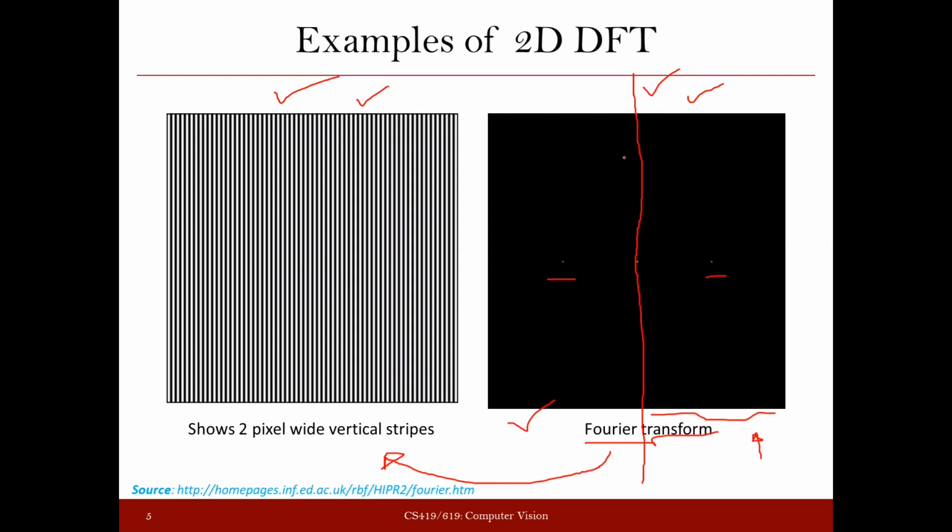So in every Fourier spectrum, at the center, there will always be a bright spot. That bright spot represents the value, let's say if this is Fourier spectrum F, then that represents F00, and F00 is nothing but the average of all the intensities that you have in your image, right? So this will always be a bright pixel here.